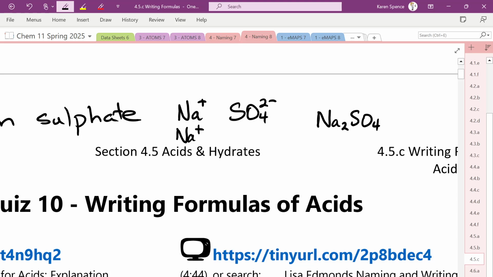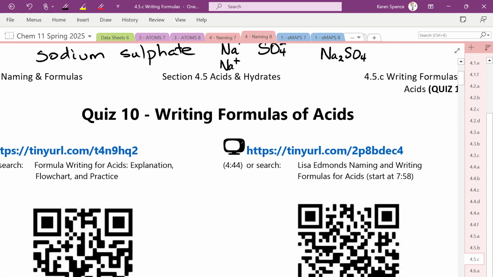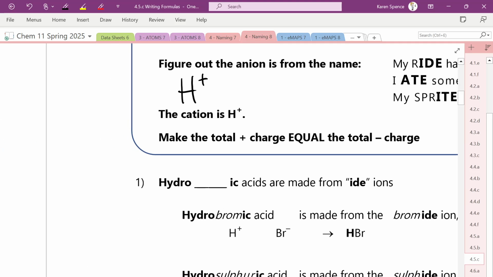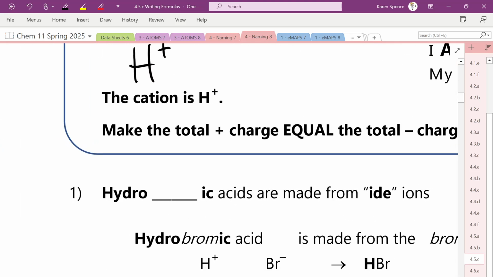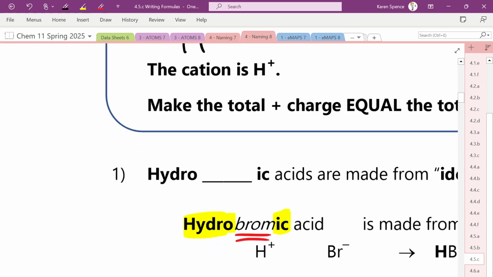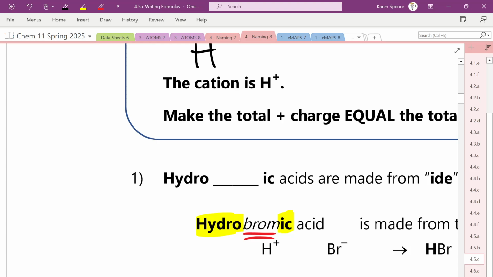Acid formulas, we do them exactly the same way. The only thing that's different is that you have to realize that the positive ion is hydrogen, okay? So let's say we had, once again, my ride has hydraulics. So if I have hydrobromic acid, what is the ion? Is it a bromide, a bromite, or a bromate?